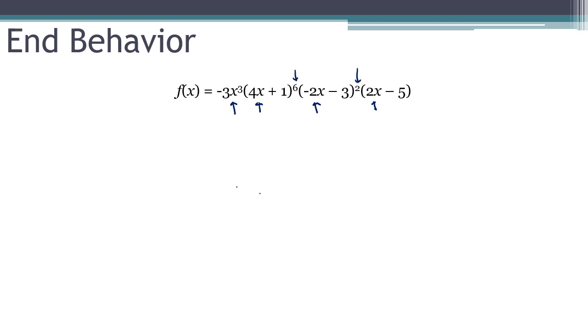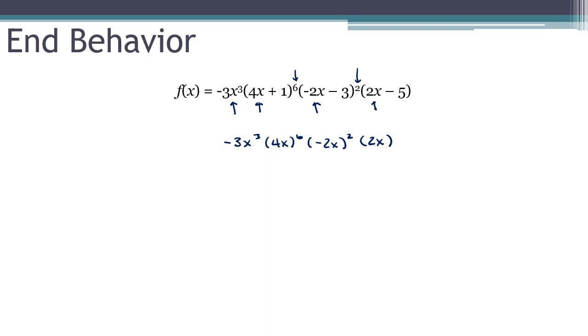So the leading term in the multiplied out version of this will be negative 3x to the third times 4x to the sixth times minus 2x squared times 2x. Now remember, we really don't need to know the exact number of the leading coefficient. All I need to know is, is it positive or negative?